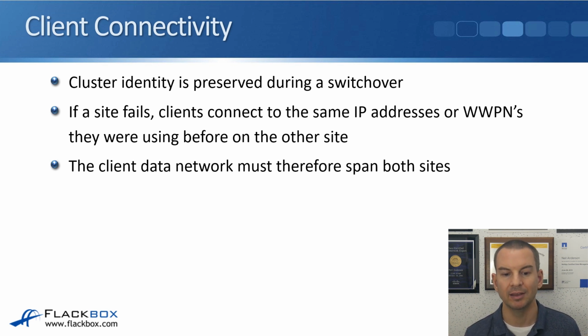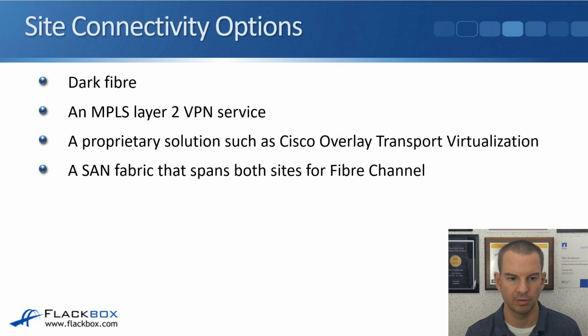The client data must therefore span both sites, because the same IP addresses must work in both sites. So you're going to need to have the same layer 2 network available in both locations.